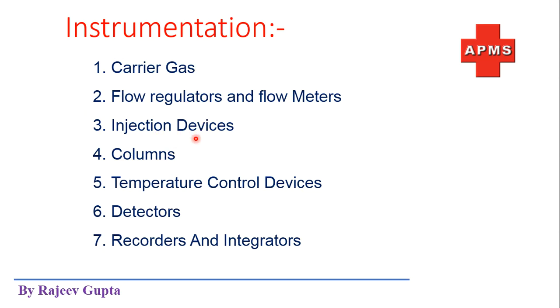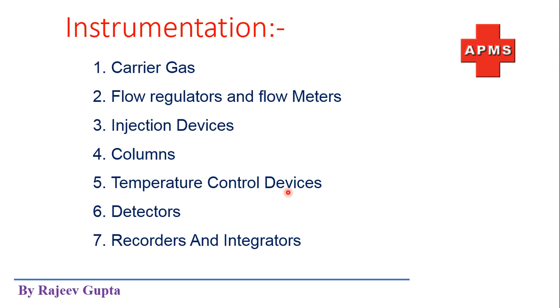Now this mixture, means carrier gas and sample mixture, goes to the columns. Okay, so this is the heart of any chromatographic separation, these columns. This is the key element of this instrumentation.